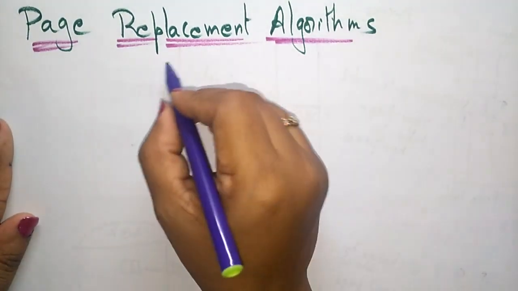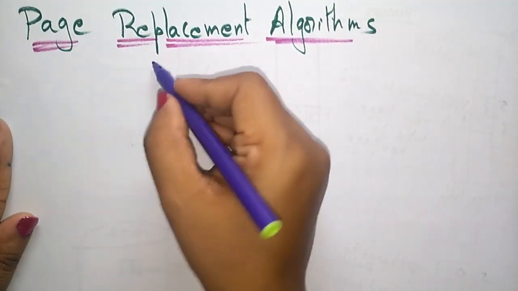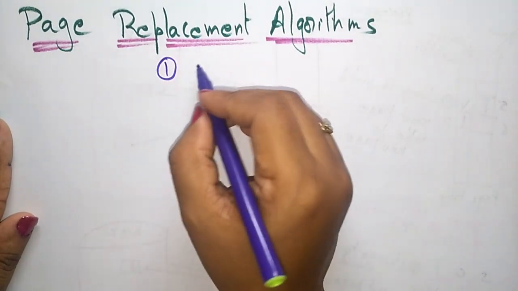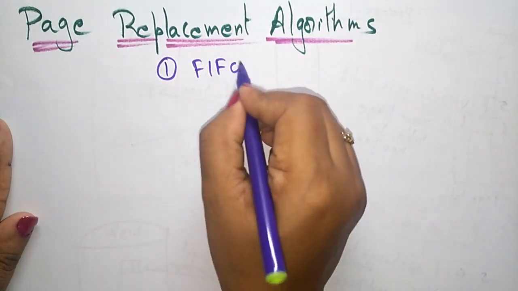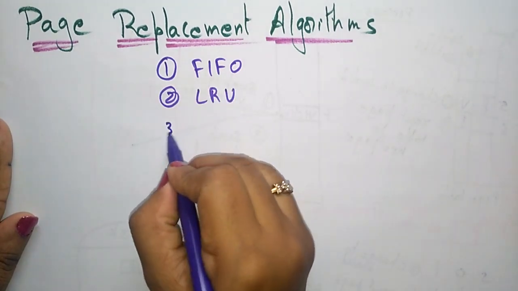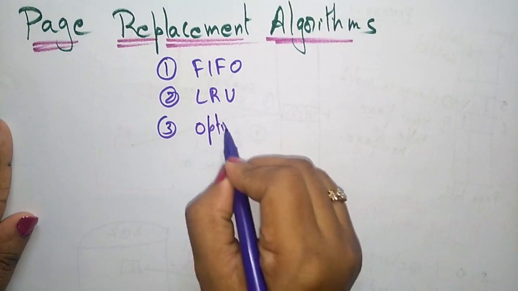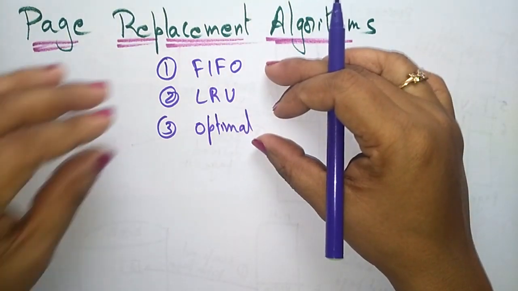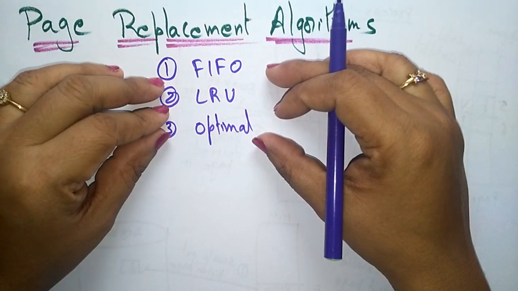So there are three different algorithms that we use in page replacement. One is FIFO, first in first out algorithm, then least recently used algorithm, LRU, and the optimal. So these are the three page replacement algorithms. Why are we using these three different algorithms?